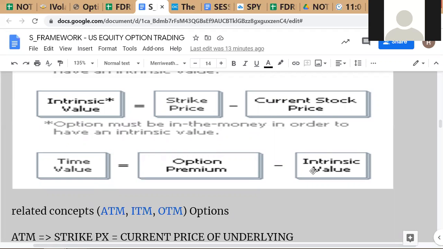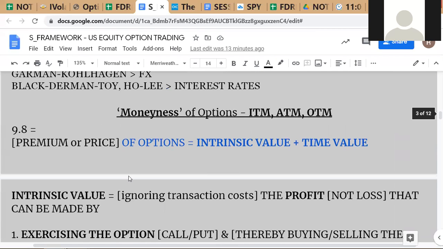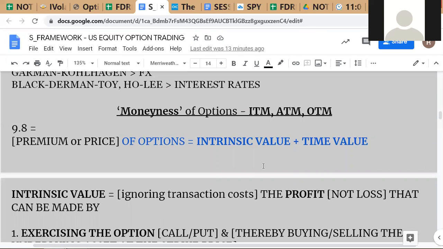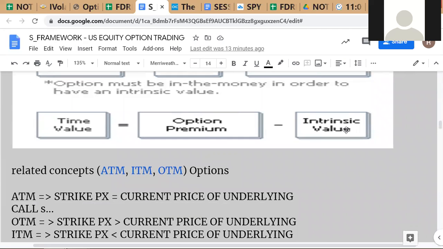You can observe the option premium in the market, and TV is nothing but rearranging the terms. Initially we said premium is equal to IV plus TV. So that means TV is equal to premium minus IV. That's all.